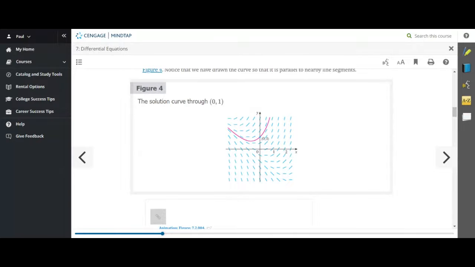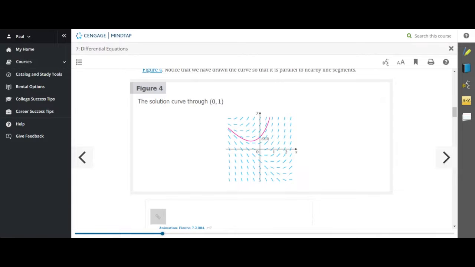They want to know what the solution looks like if we require it to pass through the point (0, 1). That purple solution in figure 4 is the solution to y prime equals x plus y, and it passes through the coordinate (0, 1).